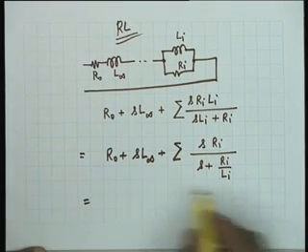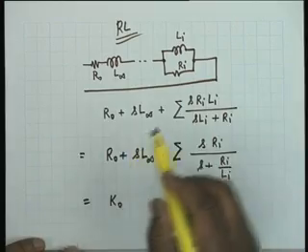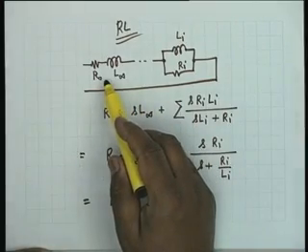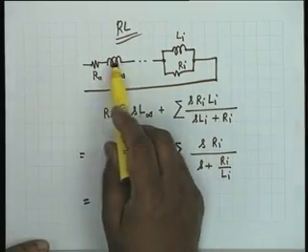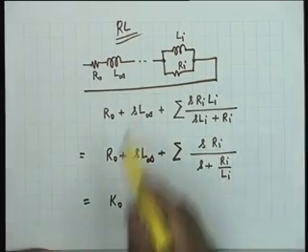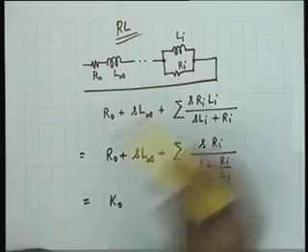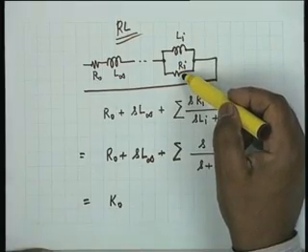Now the general form therefore obviously is K0. You understand why we write this as R0? At DC all the inductors are short, so this is the value at DC, and we wrote L infinity because at infinity it is this inductance which dominates. This is an open, but it's shunted by Ri.